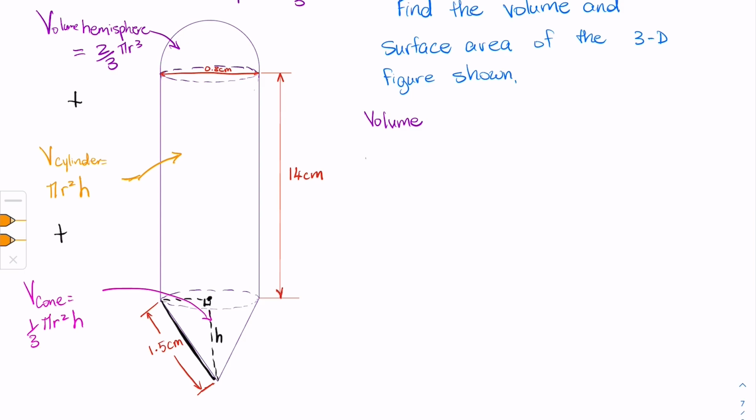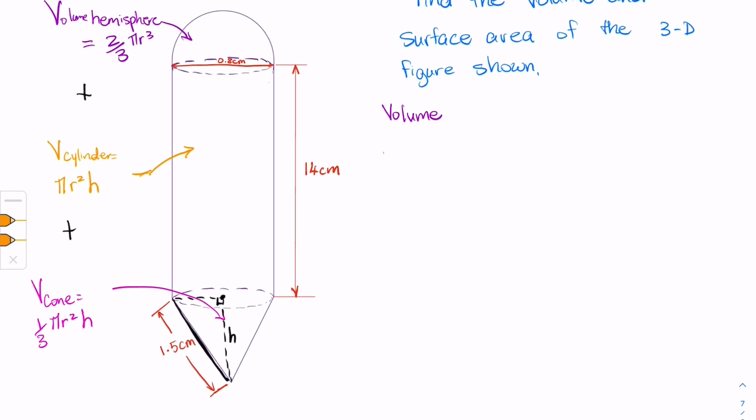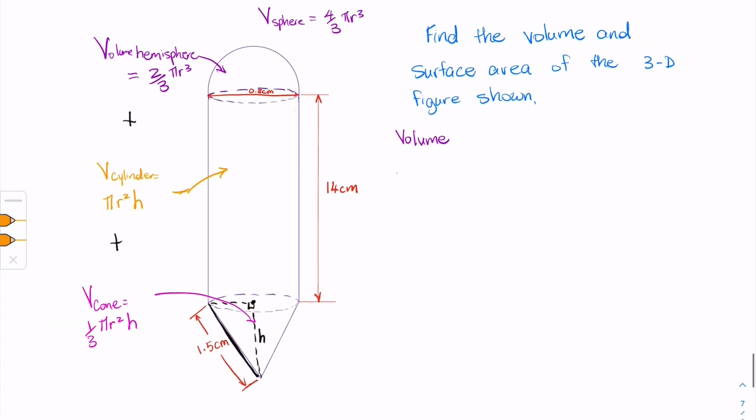Now with that right triangle, as with any right triangle, if you have two sides and you're looking for the third side, and I'm going to draw it off to the side here so we can see it better, all we need to find the third side is the Pythagorean theorem. So we have the 1.5 here, and we want the height here. We actually also have this length here.